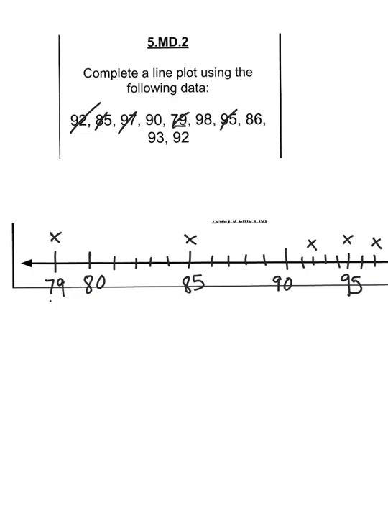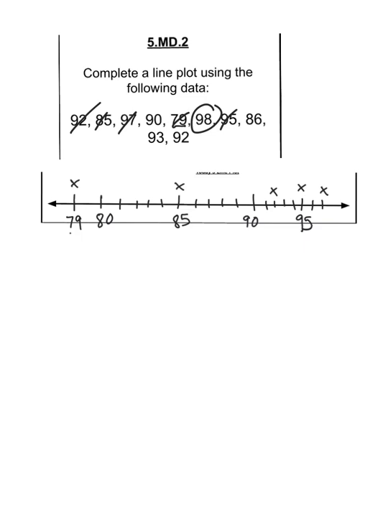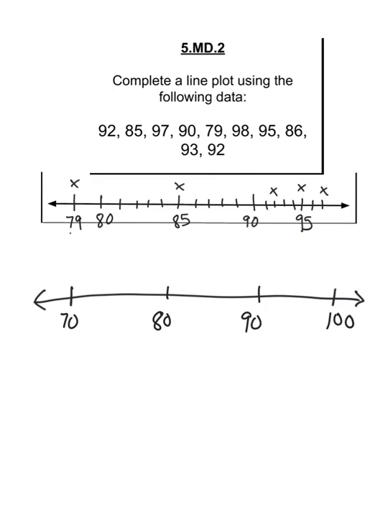Like right now I'm noticing, look at this. I have a 98 too, I didn't even notice. So if you start and then you realize, oh, I missed one of my values and now I don't have space for it, then just give yourself permission to start over. It's perfectly okay. Okay, so here we go, take 2.